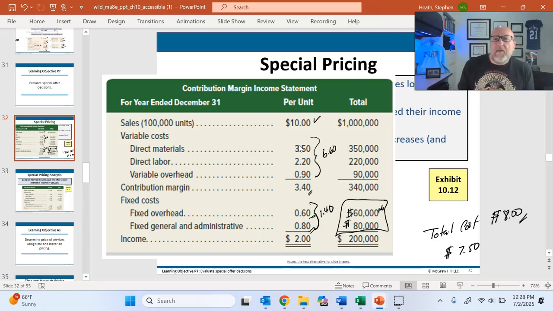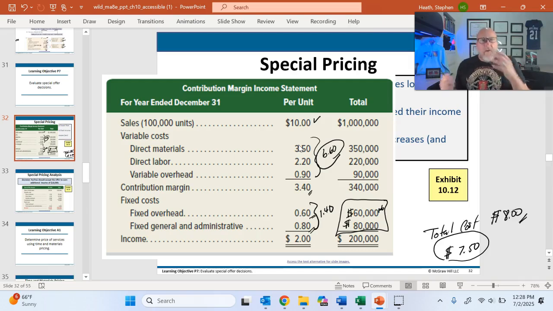In this situation, the variable costs of manufacturing this product are $6.60. Therefore, if somebody were to offer us $7.50, we would actually be making some money, because it only incrementally costs us $6.60 and we would sell for $7.50. So we could theoretically say yes.